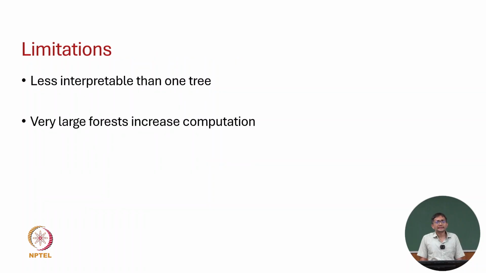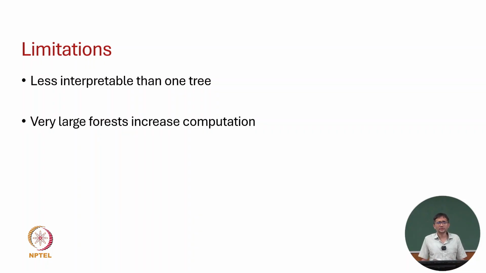However, the limitations include that this is now less interpretable than a single decision tree. One of the reasons we wanted to introduce decision trees was that they are quite interpretable, right? Now, with this new version, at the bottom we are still using decision trees.